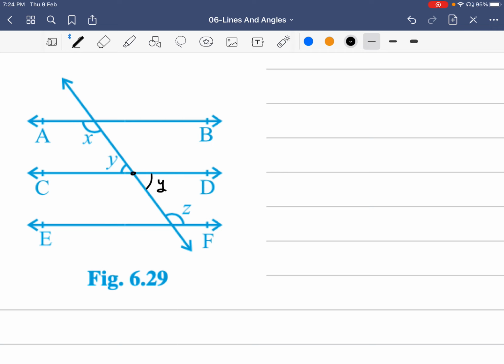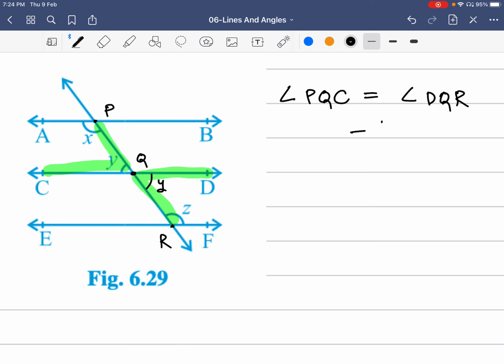So let's give names to this. Let's call this as P, this as Q, and this as R. So I'm going to say angle PQC, and now I'll use a highlighter. This angle PQC is equal to angle DQR.